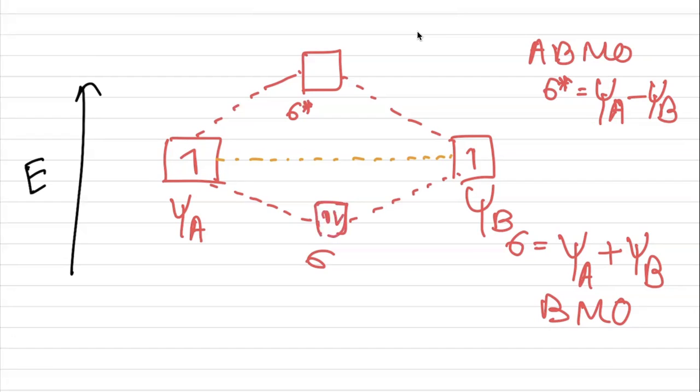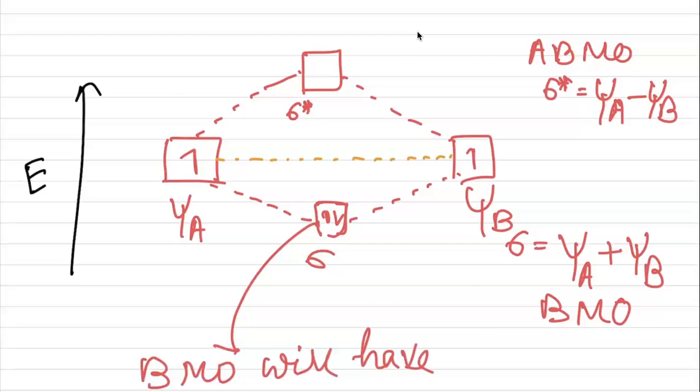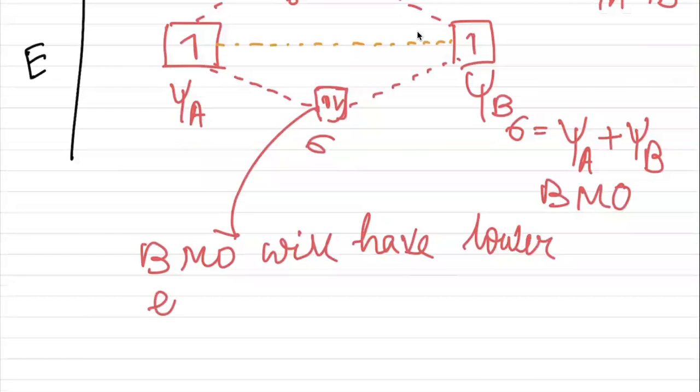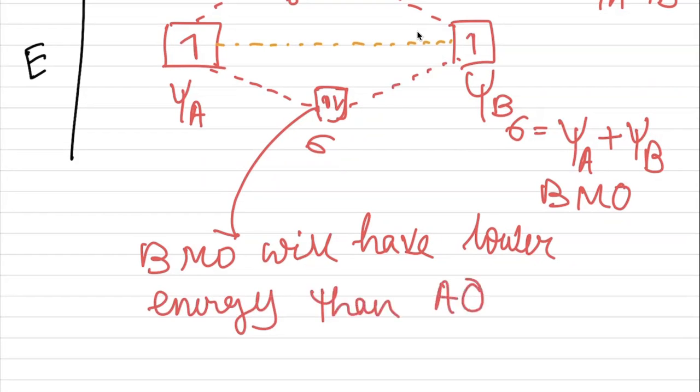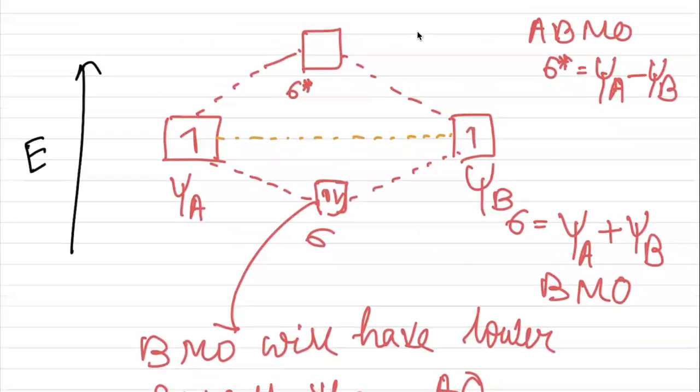Now, bonding molecular orbital, BMO, will have lower energy than the atomic orbital. Yes or no? Bonding molecular orbital will have lower energy than the atomic orbital.